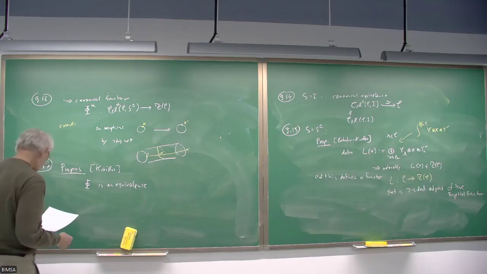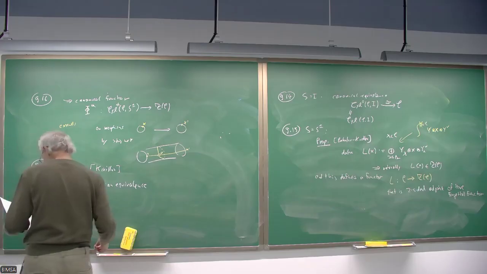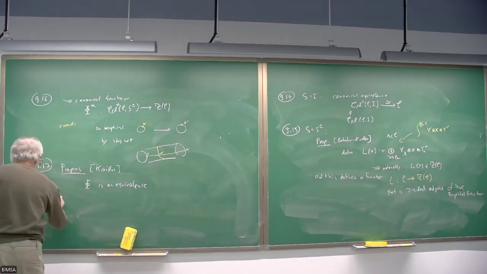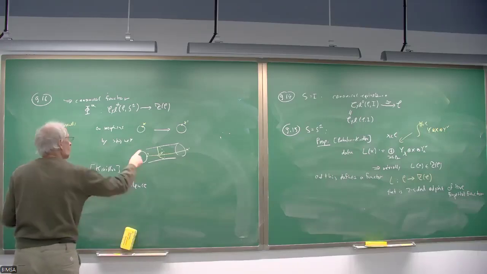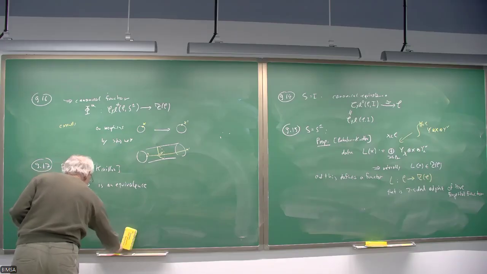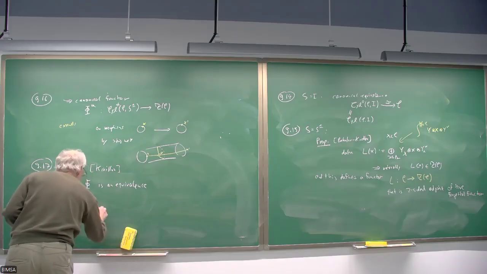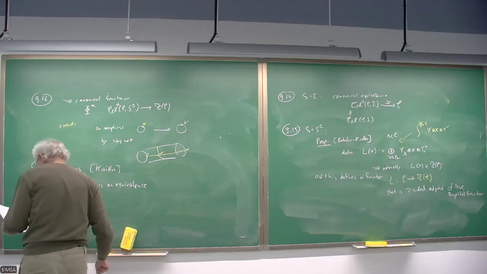Let me not even indicate anything about the proof, but just give an example in this situation where we have a circle with one object x.